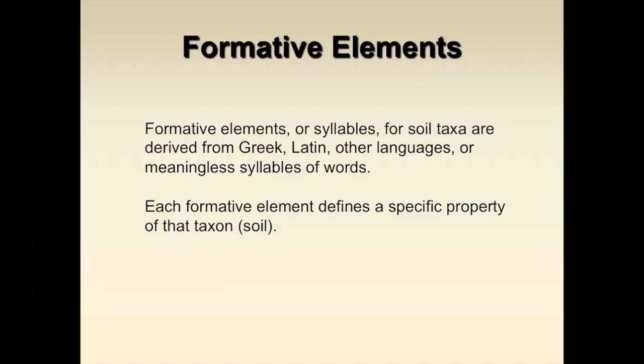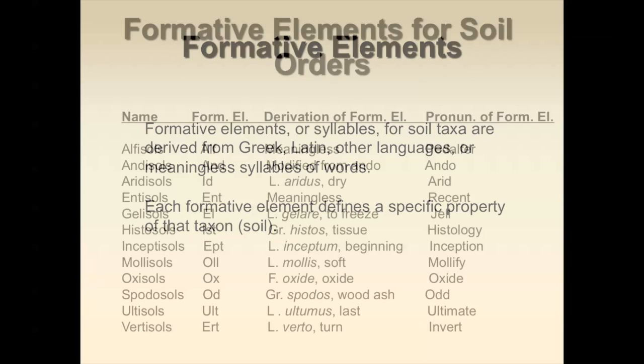Okay, so let's leave it for that, because we can have a look at some of those names. The formative elements, or those syllables for the soil taxa, are usually derived from Greek, Latin, or other languages, or sometimes they're actually meaningless. So each formative element really defines a specific part of that taxon.